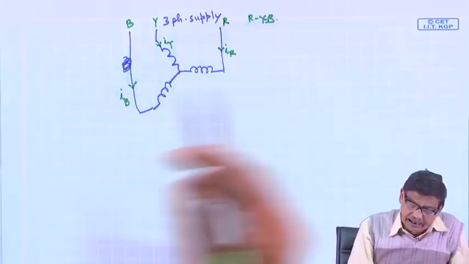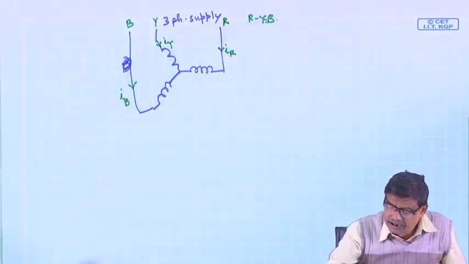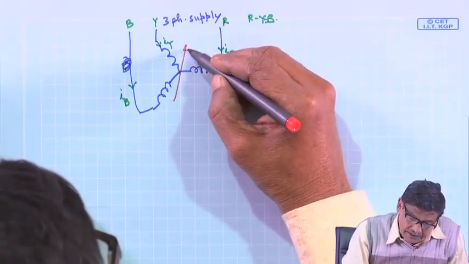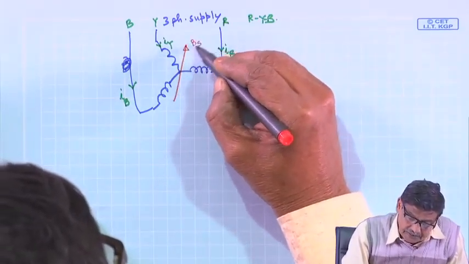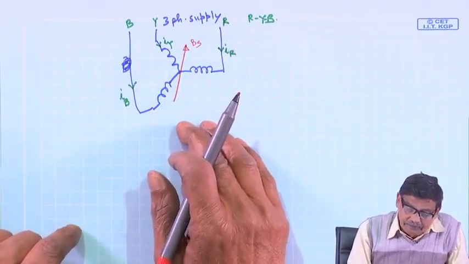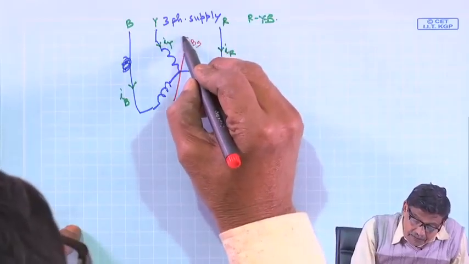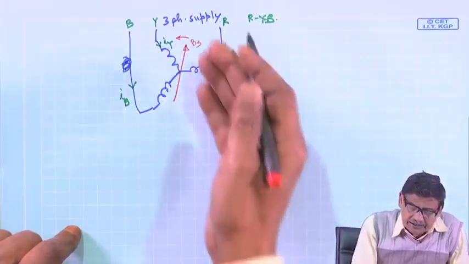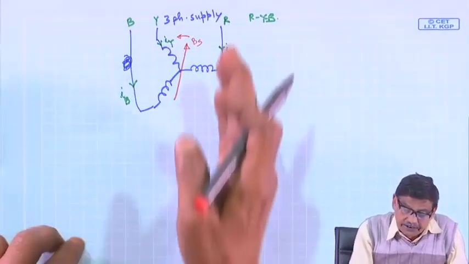If you do like that, then we have discussed at length, the result will be a stator field B S, but which is not now stationary. It is moving from leading to lagging phases, that is in this case in the anticlockwise direction, B S.